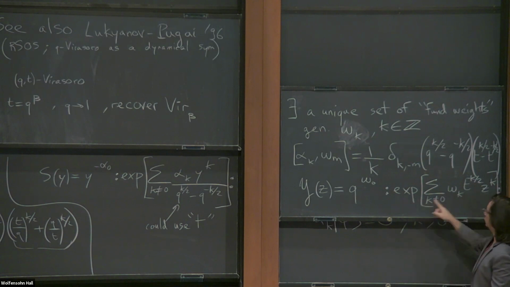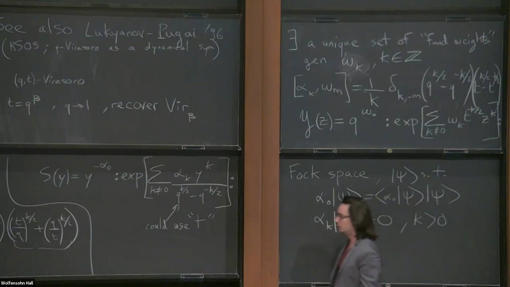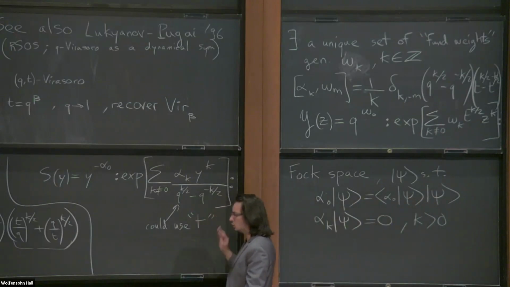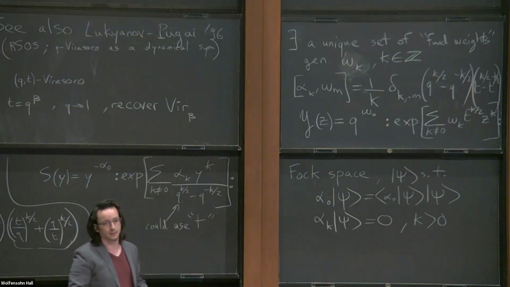Just some normal ordered exponential of the sum over modes, z to the k, and some scalar factor that will not matter. It should be here for the definitions I'm going to give. These are the only operators that I'm going to introduce, and I claim that this is enough to already talk about a lot of physics.